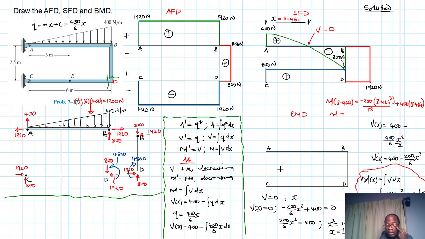What is our moment? Our moment will be equal to minus 200 times 3.464 cubed, divided by 18.